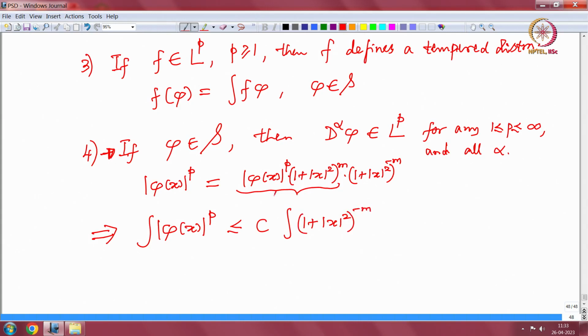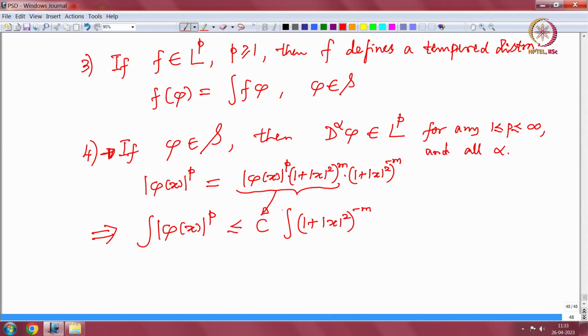This constant comes from this bound, in terms of those norms we have already defined. If I show that I can choose an m such that this integral is finite, then I am done. That shows that phi is in LP, and similar arguments for any derivative.